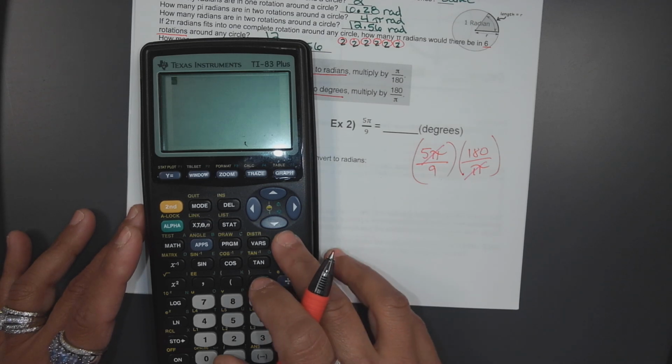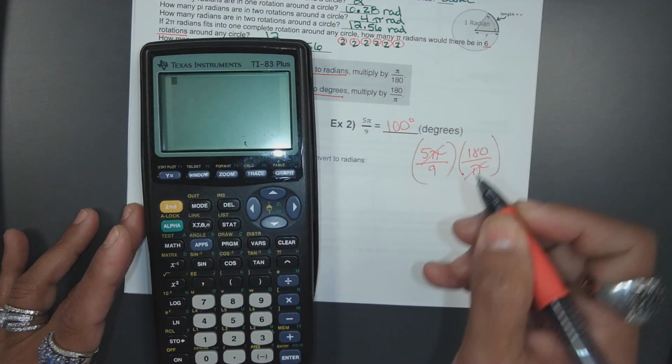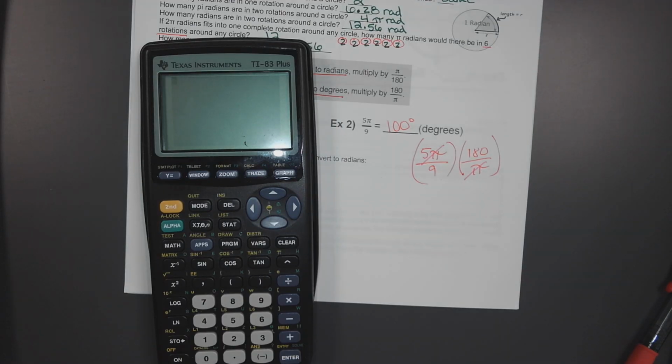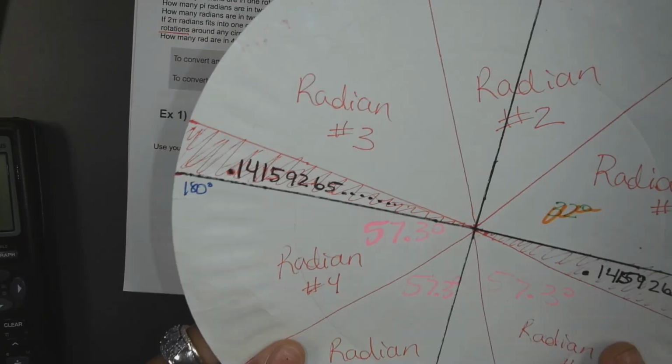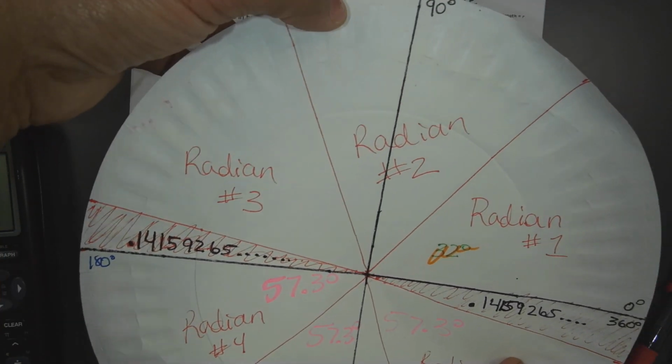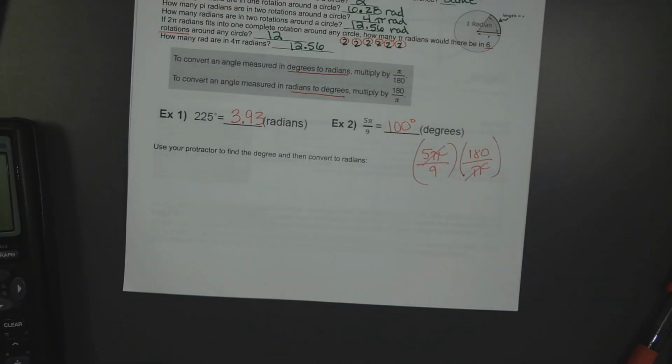There you go, 100 degrees. It comes out to 5 times 180 over 9, which is 100 degrees, about over here.